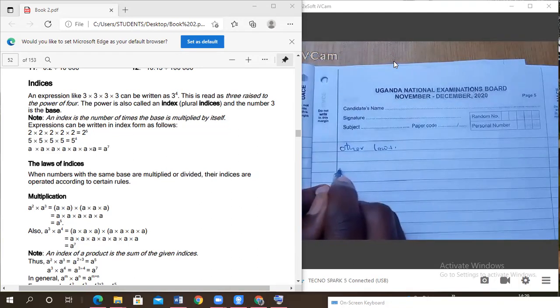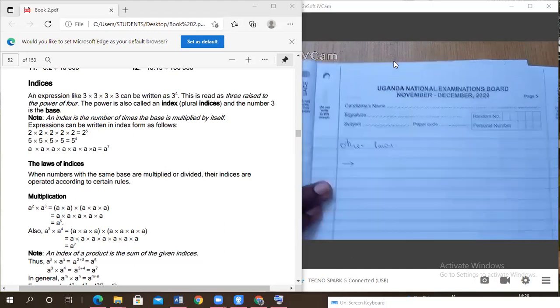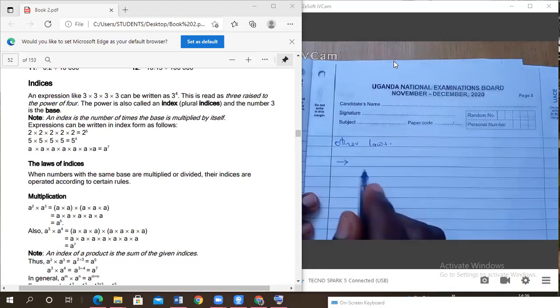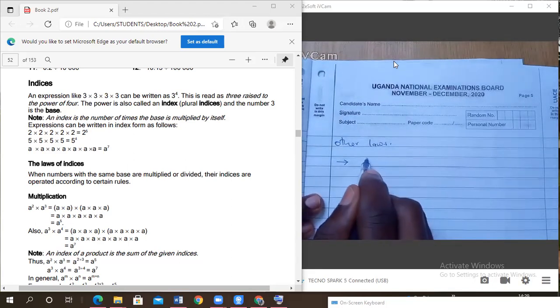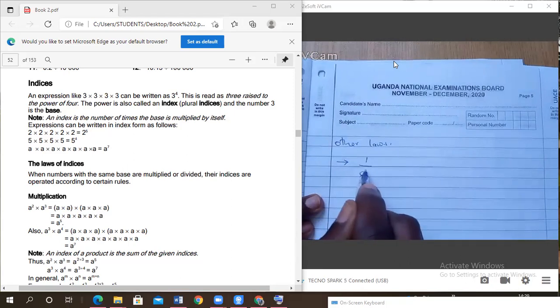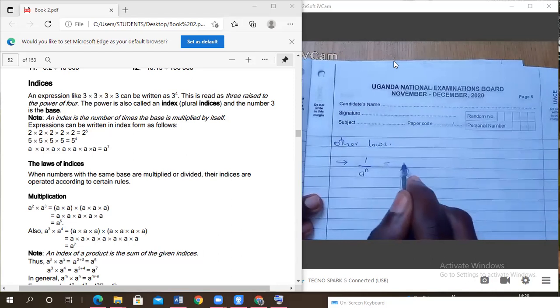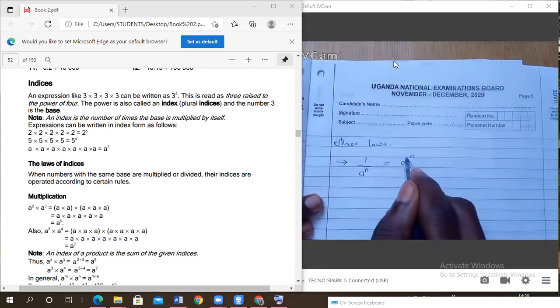Let's say this is the first one. Now, from that law, if I have 1 over a to the power n, that one can now be written as a to the power negative n.